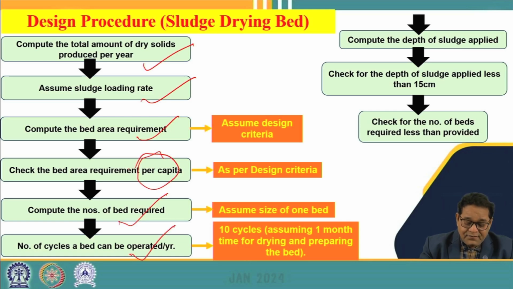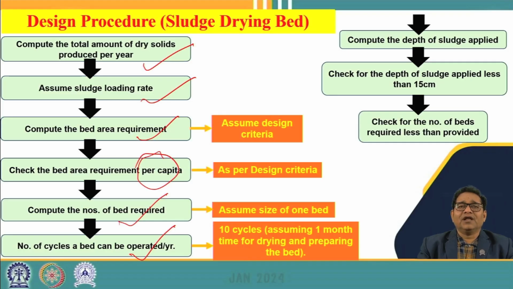And finally we have to check that the thickness of the sludge should not exceed 15 centimeters. For that we have to assume the number of cycles that can be performed in a year.